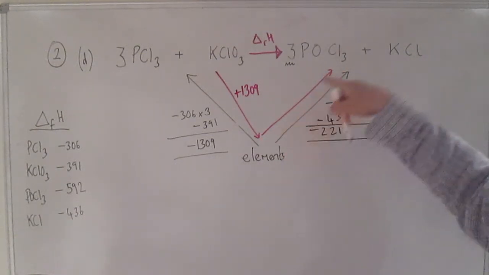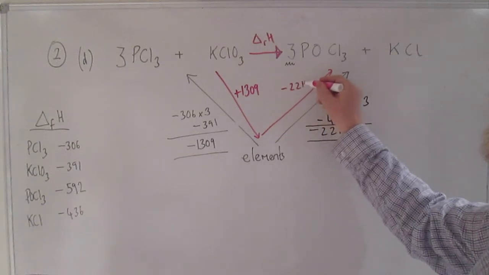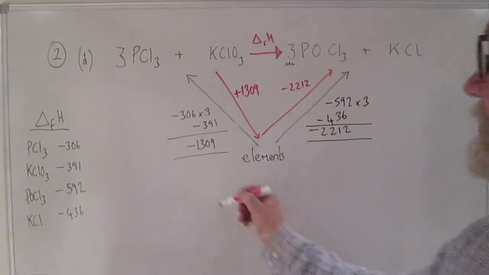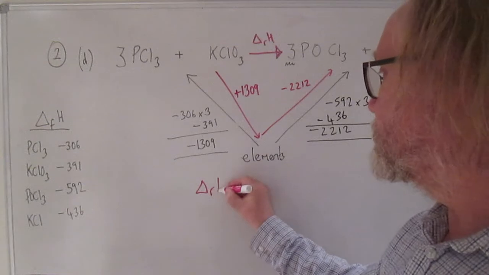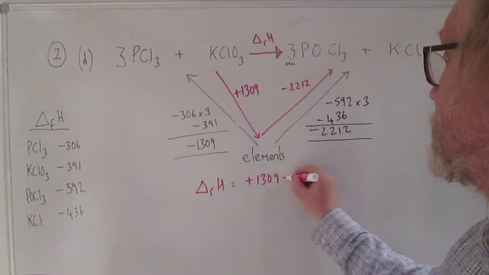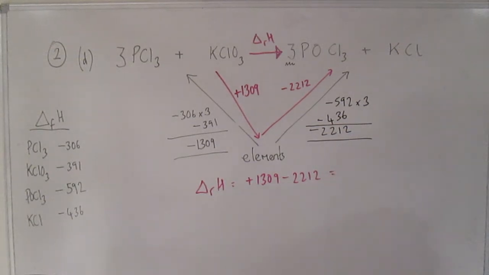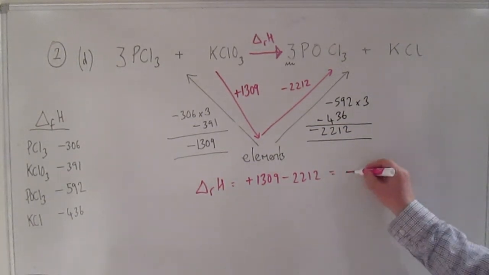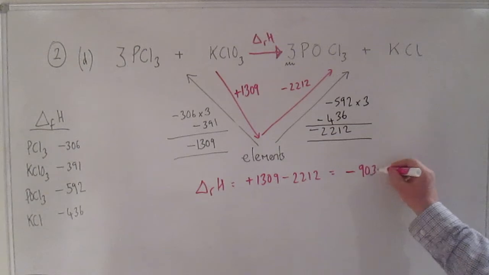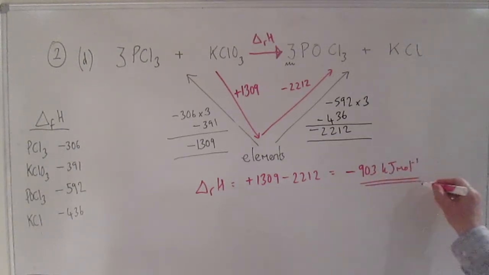It's the same change, same direction, so same number, minus 2212. And then we just do what we said, and we get that delta H of reaction is equal to plus 1309 minus 2212, which adds up to minus 903 kilojoules per mole. And that's the answer.